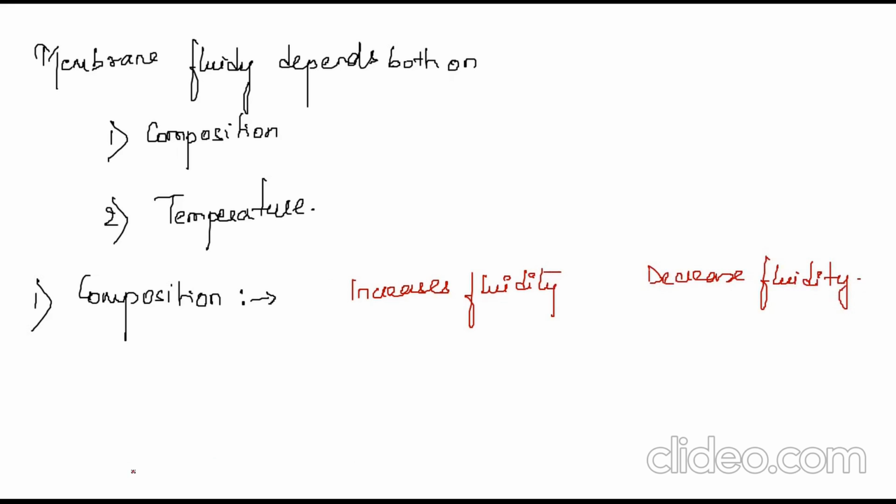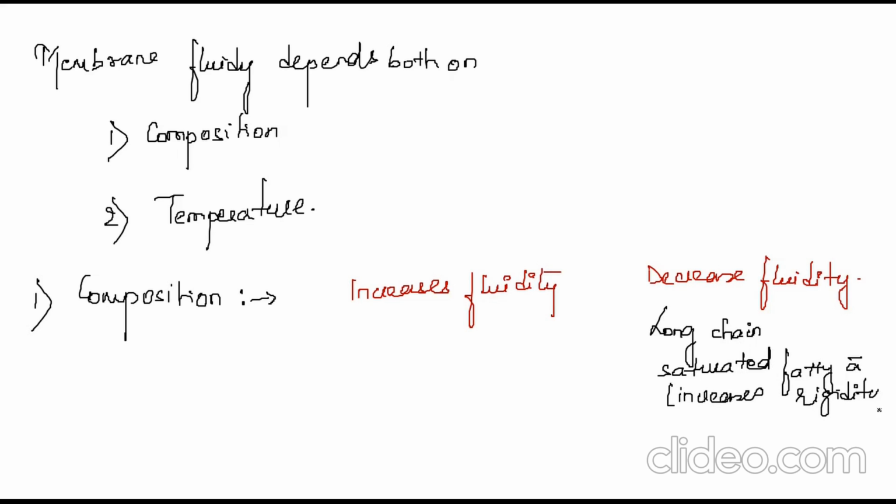The fatty acids which have long chains and are saturated decrease the fluidity, because long-chain and saturated structures pack well. They pack well and increase the rigidity, which decreases the fluidity.